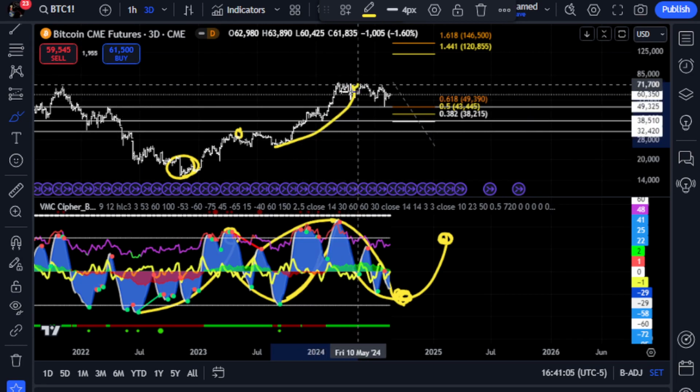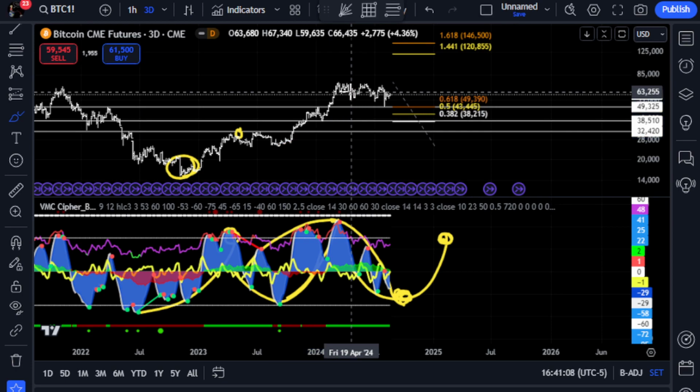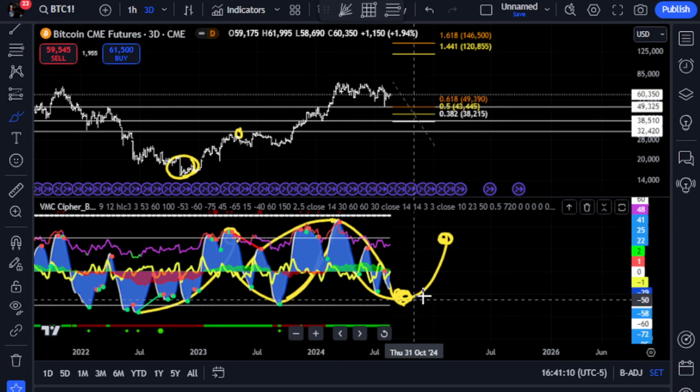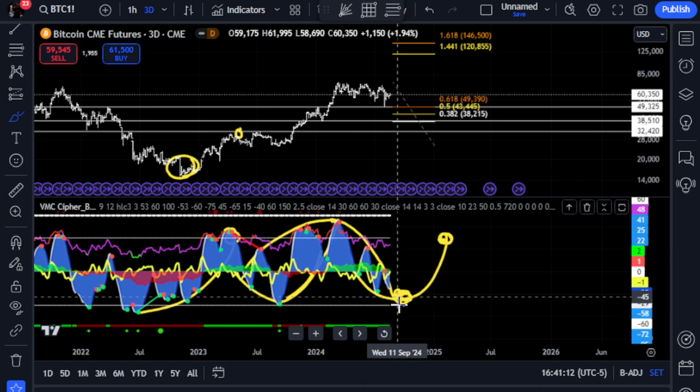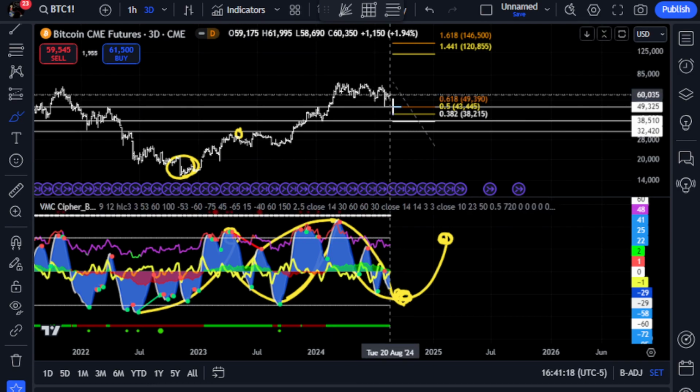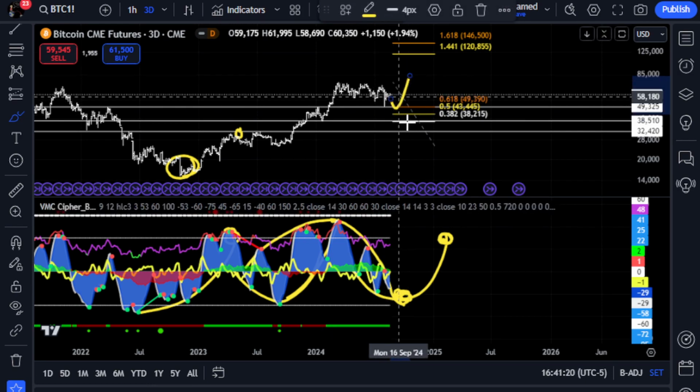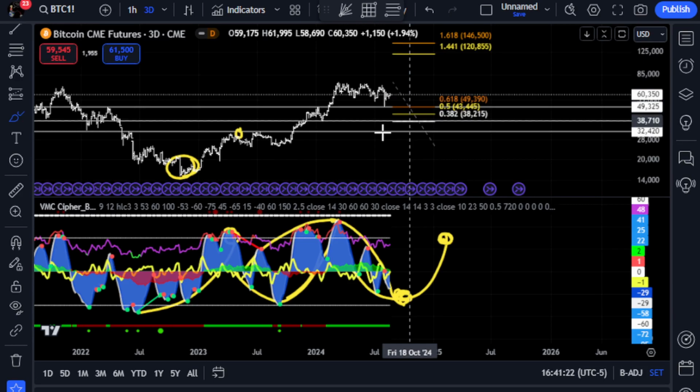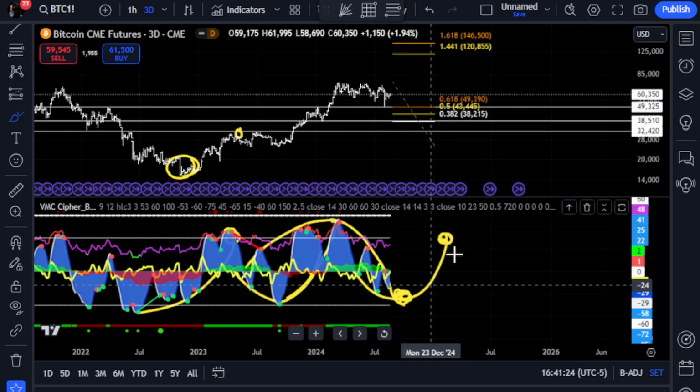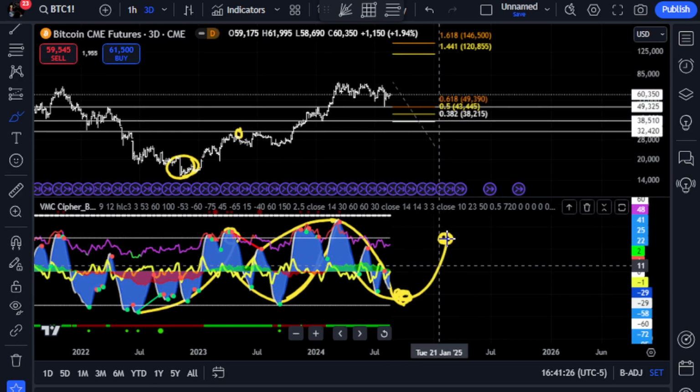I mean, it doesn't tell you what to do, but it tells you the environment you're in. So here we're in the environment where we should be looking for price to have bottomed or bottom very soon. Maybe we come down and do this, boom. I mean, that's certainly possible too, but time-wise, we should be looking for this shift, looking for long trades in the price action.